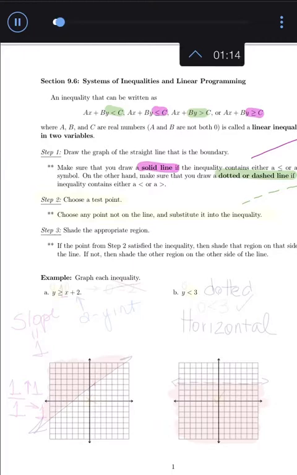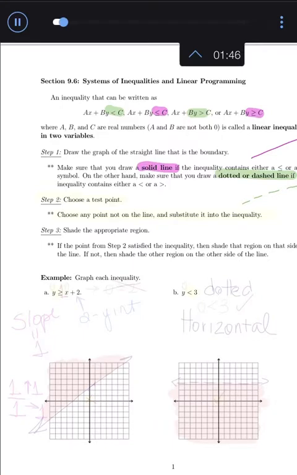Now, also with inequalities, we usually have to shade a portion of our graph. In order to determine which part of the graph we're going to shade, either above or below, left or right, you choose any point that is not on your graph and test it. Plug it in. If that particular point works, then you shade that side of the graph that the point is on.